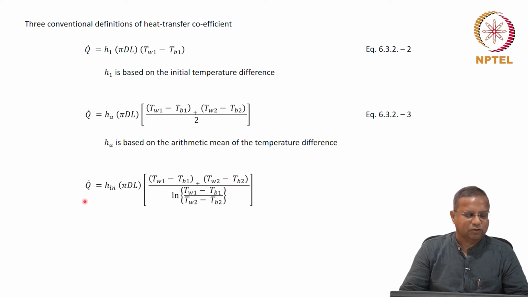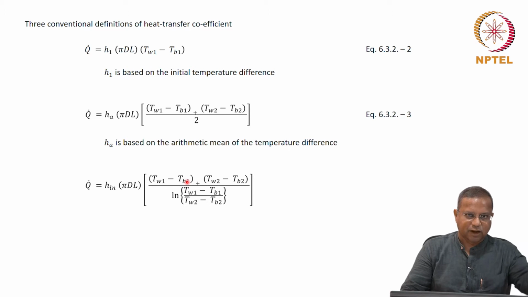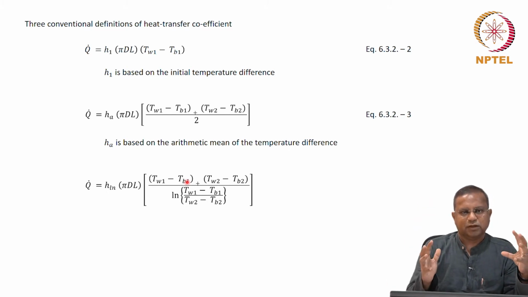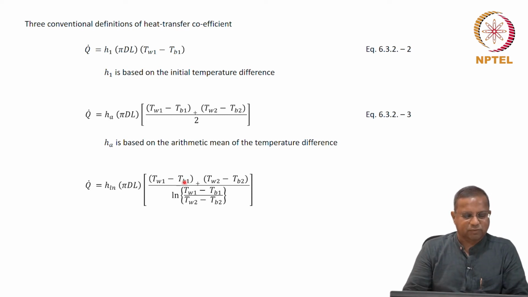So, you have Q dot equals the temperature difference, now you take TW1 minus TB1 at cross section 1, you take the difference at cross section 2 and take the logarithmic mean of those. What is the logarithmic mean? Instead of the arithmetic mean, you have TW1 minus TB1 minus TW2 minus TB2, and you divide it by the log of the ratio of these two temperature differences.